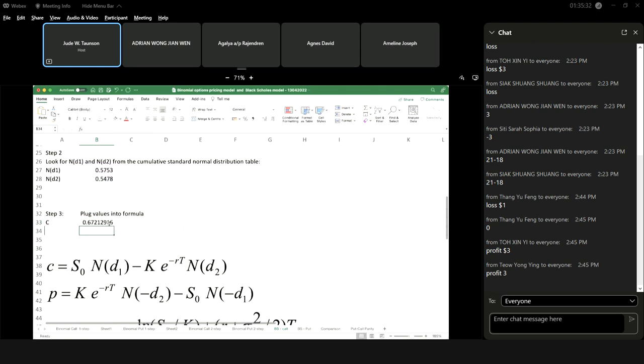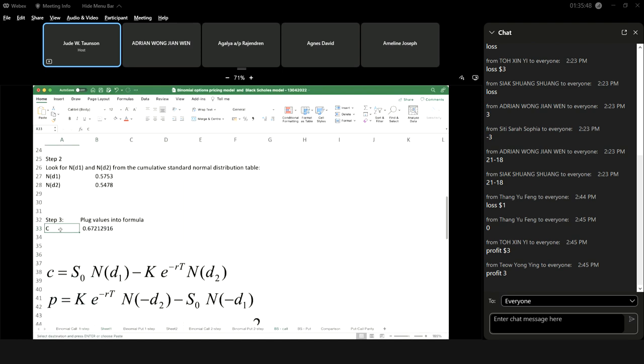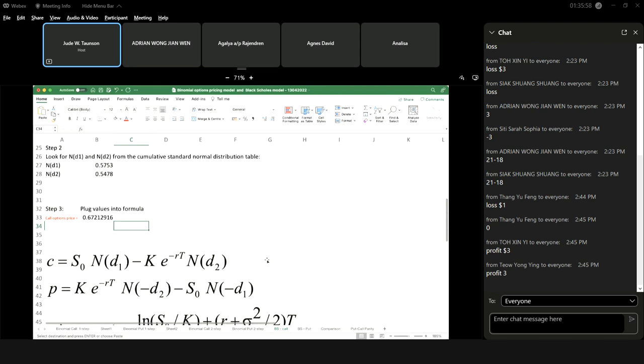So this is the call option value. Right, very straightforward, no problem. So this is the call option price using the Black-Scholes model. Right. Any question? No question. Very good. Let us now do the put option. Very similar.